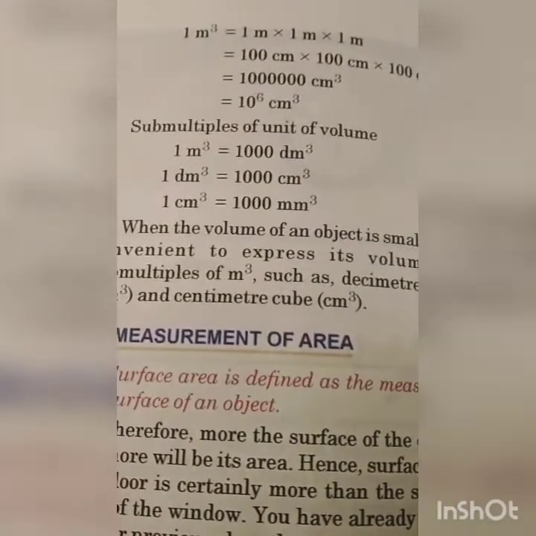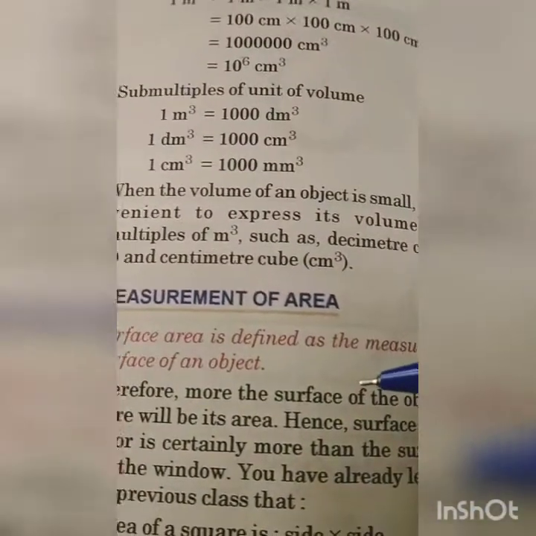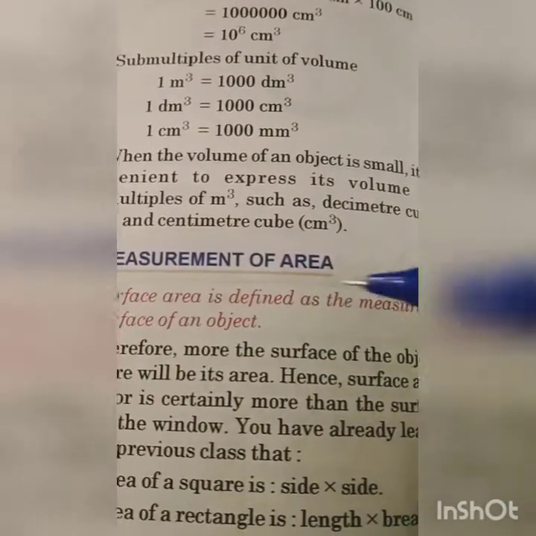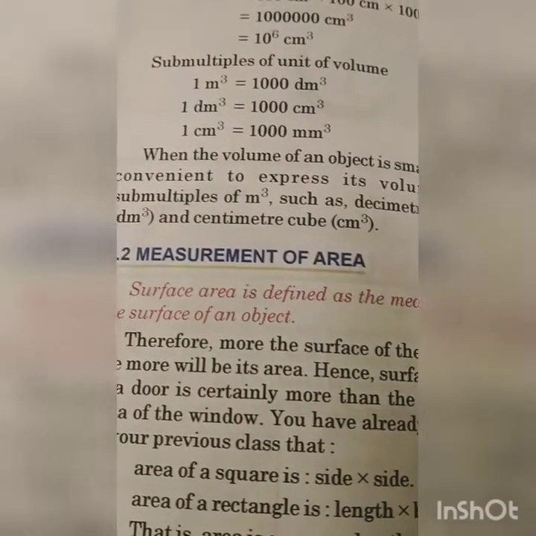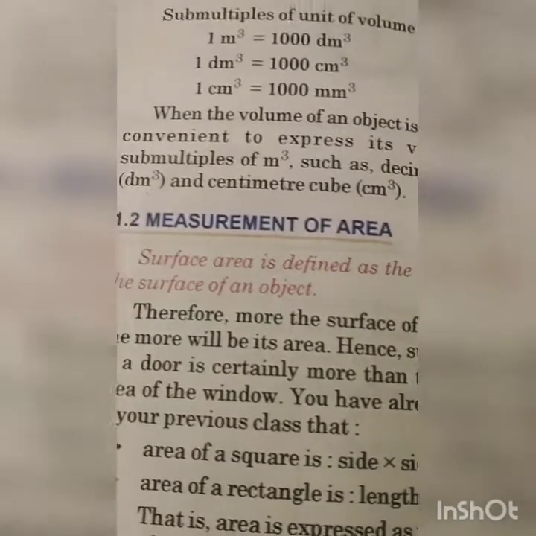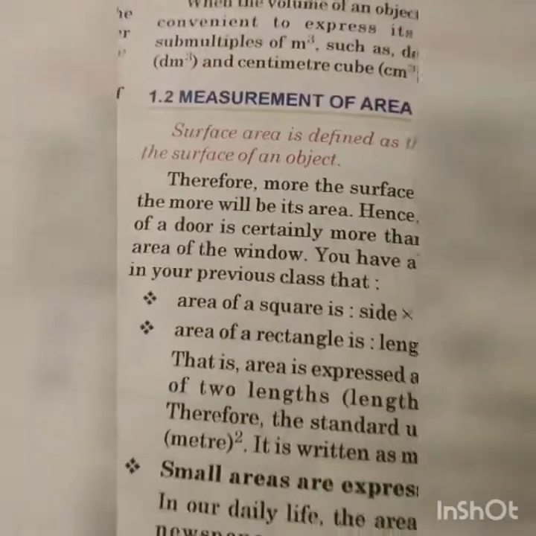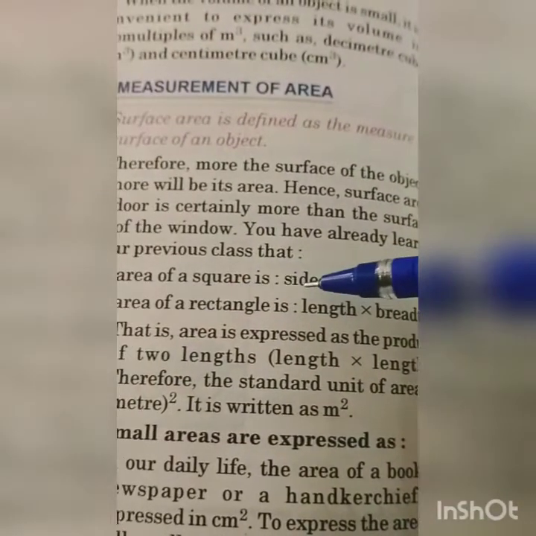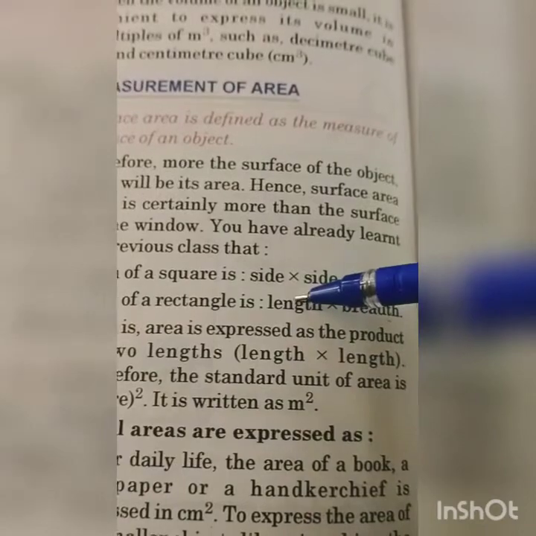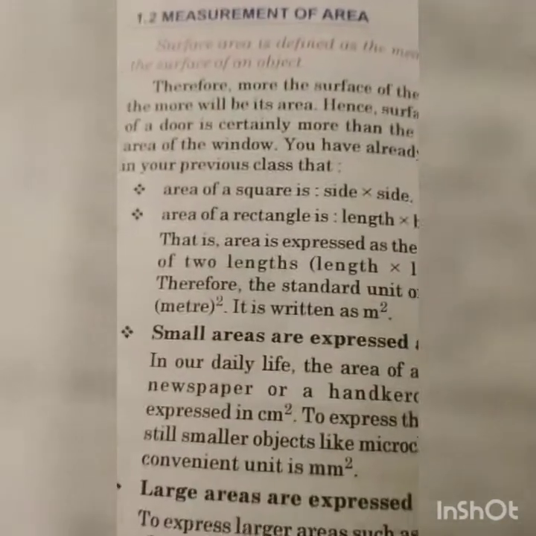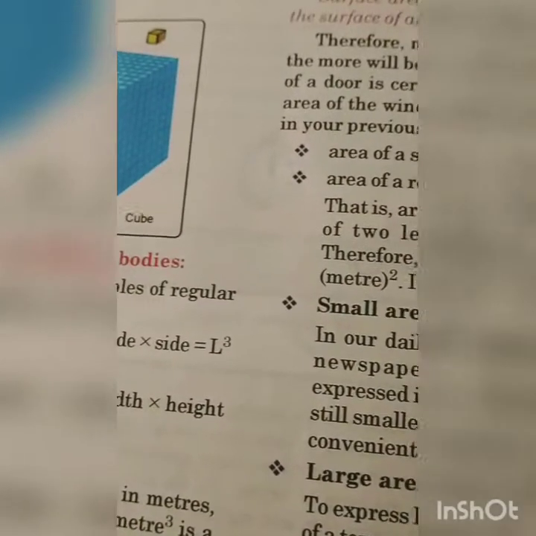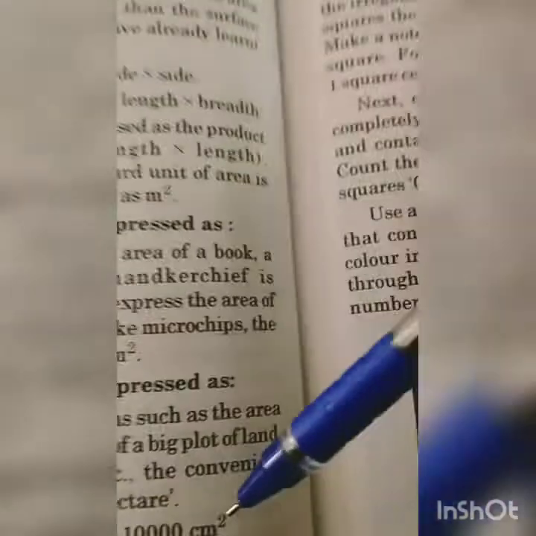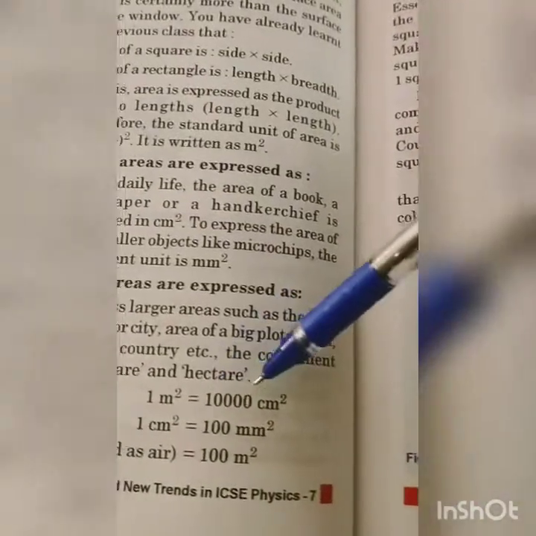Now about area, you already know. It's a two-dimensional quantity. That is, we have a length and we have a breadth. You know the formula for a square, side into side, and for a rectangle, length into breadth. Standard unit is 1 meter square.